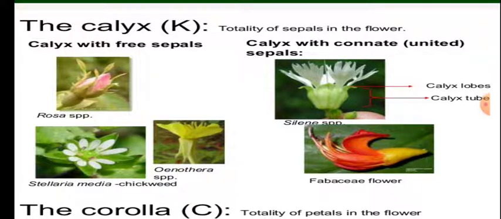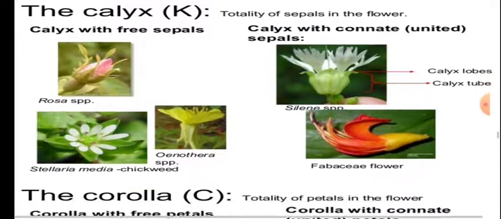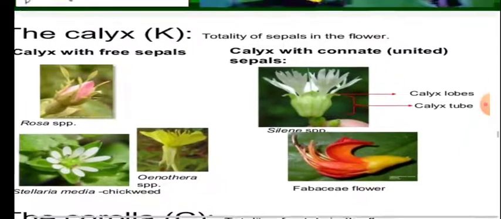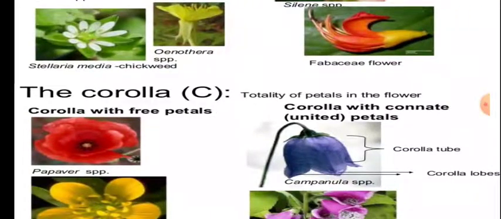Then Rosa species, Stellaria is one example, Oenothera is another. Some members of Fabaceae like Sesbania, Leucaena, or Pisum, the pea, or the Gokarna, Clitoria, show this type of condition.